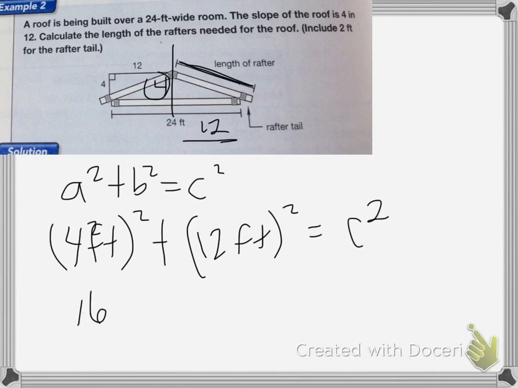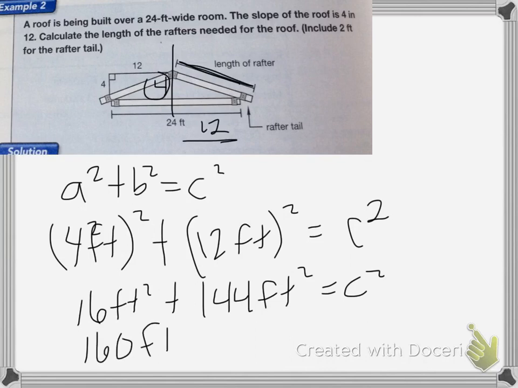So that'll be 16 feet squared plus 144 feet squared will equal c squared. So 160 feet squared equals c squared.